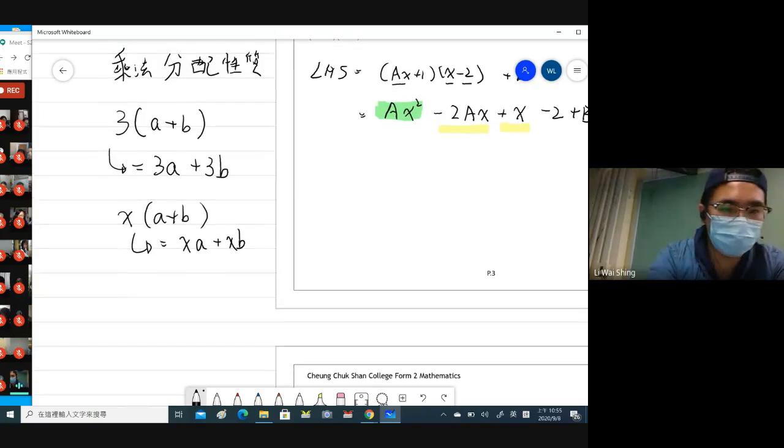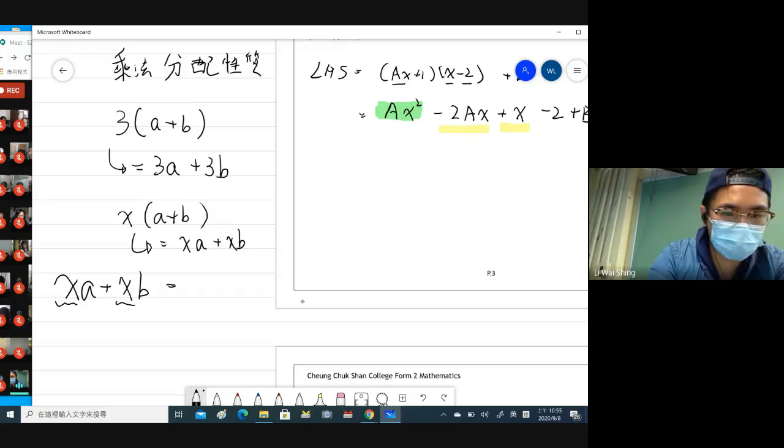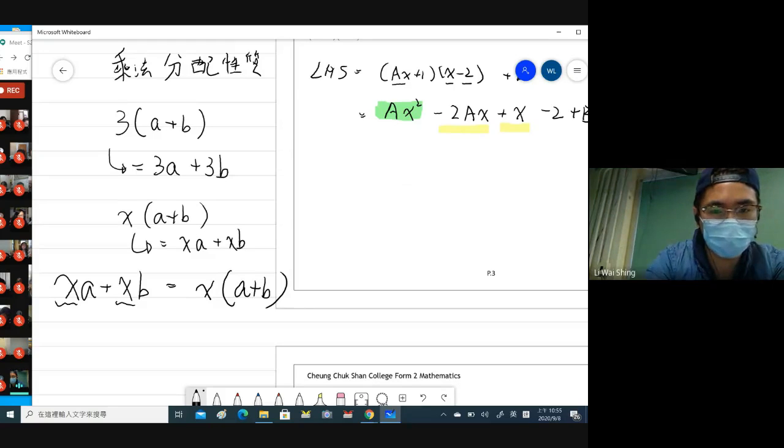我哋做一個逆向嘅乘法分配性質。xa plus xb equals, because both of them have x, we can pull it out and then leave a plus b inside. 乘法分配性質3可以乘入去。今次我哋調翻轉頭，喂，大家都有3喎，不如抽佢出嚟乘翻做 xa 加 b。Okay?